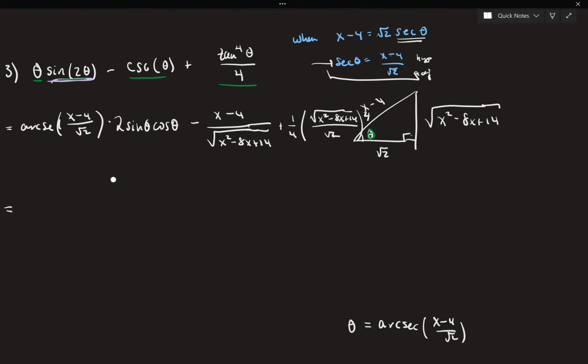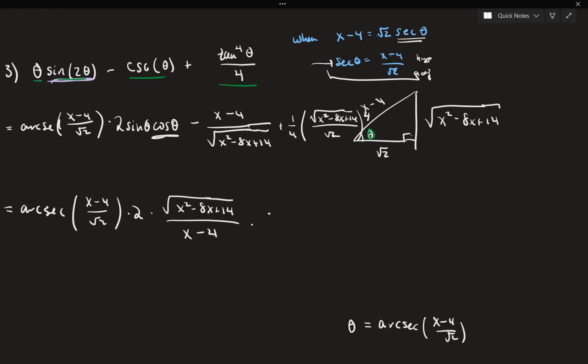So now I'll plug in the rest of it. It'll be arc secant of x minus 4 over root 2, times 2, sine theta is opposite over hypotenuse, square root of x squared minus 8x plus 14 over hypotenuse. Cosine, sorry, I did opposite over adjacent.